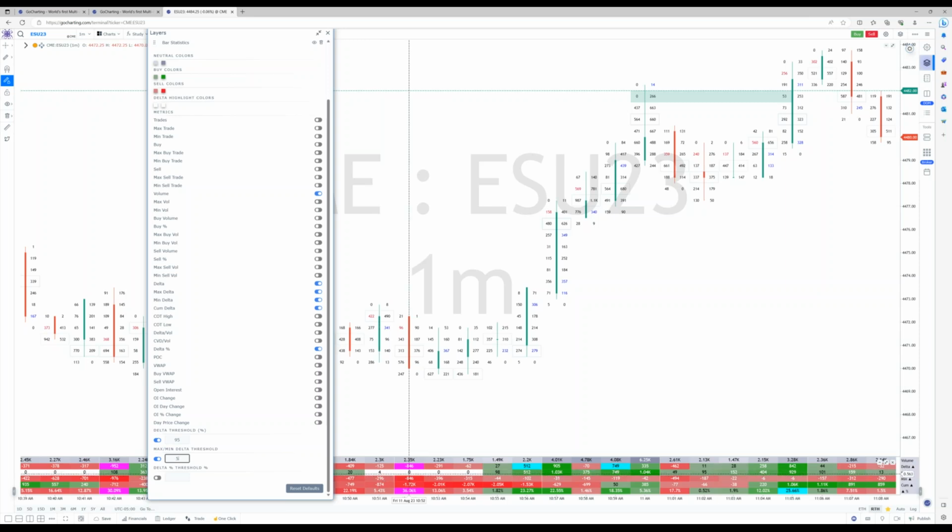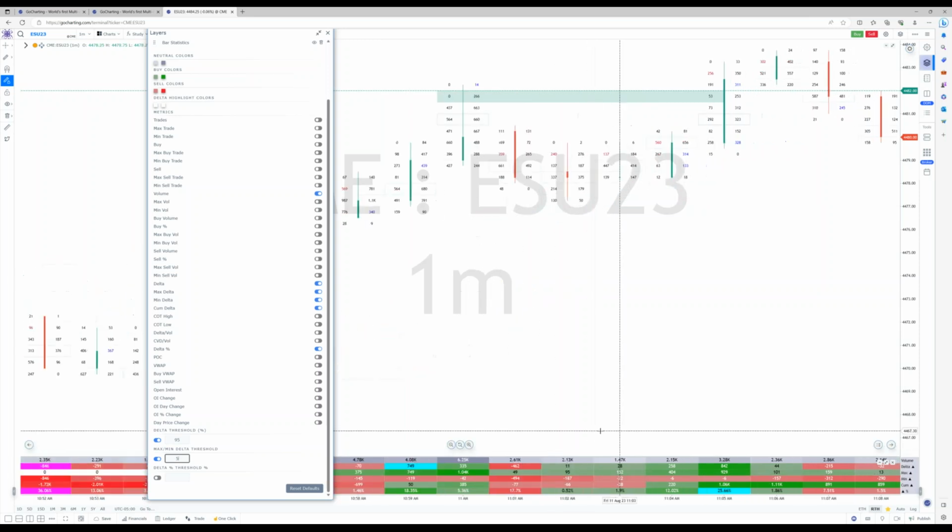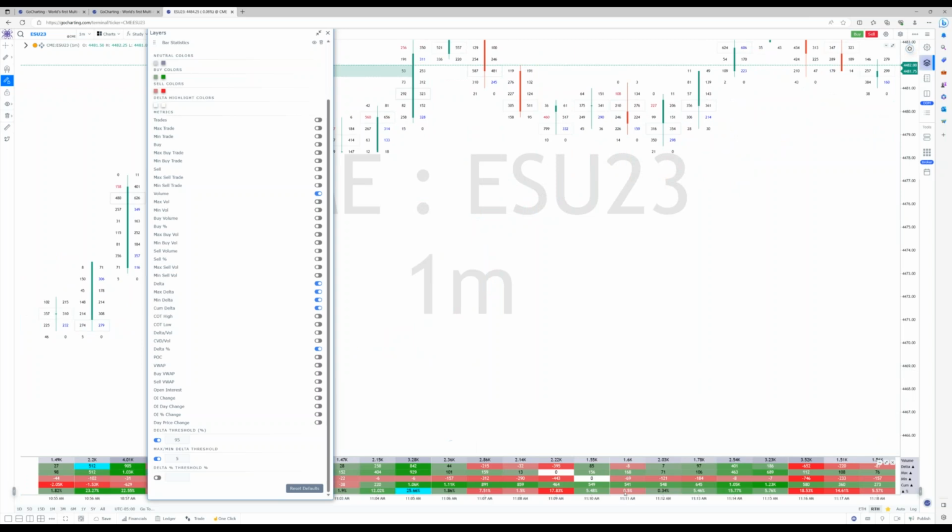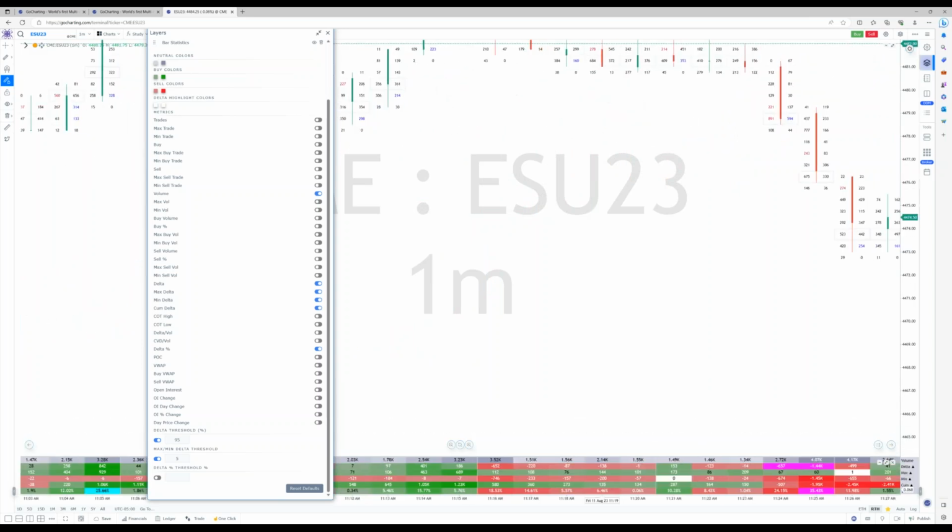Just as here, they were never in control, 0, 0, 0. Okay, and it would be the same for aggressive sellers here, right? 0 min delta, right? 0 min delta.